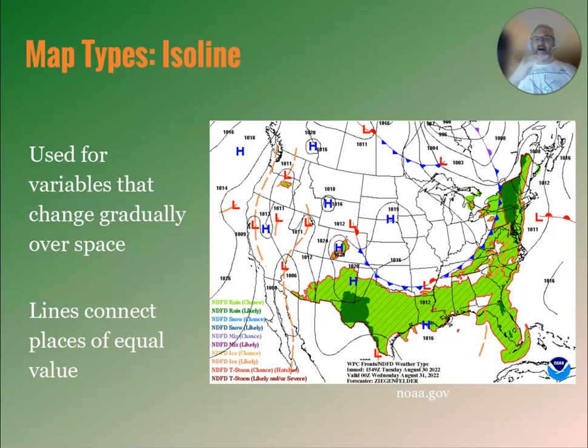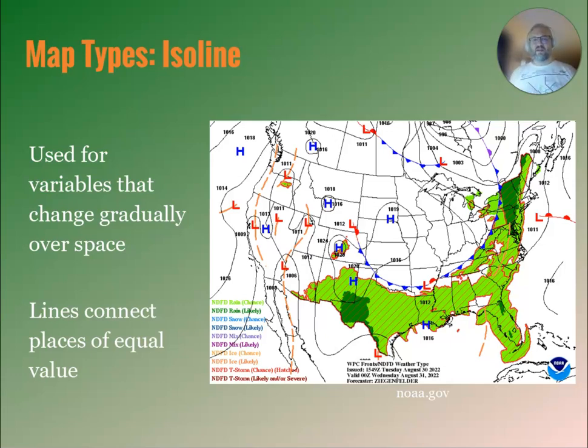If you left that line and went in either direction from it, then the atmospheric pressure would go up or down. If you went into the center of that loop, where you can see the H's, there are also a few higher values. You can see there's a 1019 there in South Dakota, for example. So you'd be getting higher pressure as you moved into the interior of that little loop. But if you go the other direction, you're going towards some of those L's.